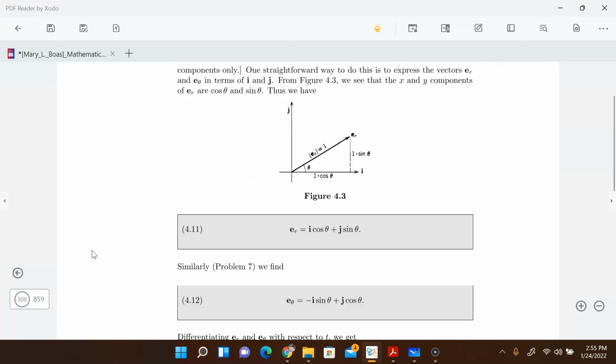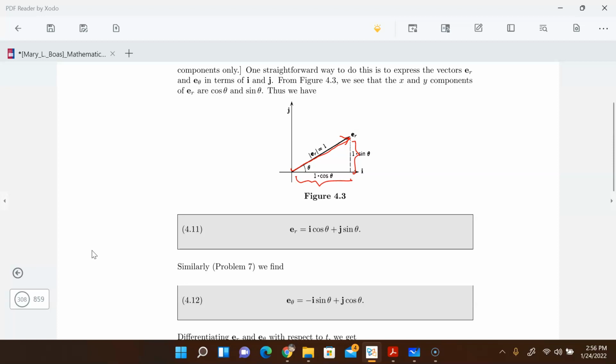Here is another thing that one needs to learn about. We already mentioned just now that you can have unit vectors along your polar coordinates. So here is e_r. If you just look at how this triangle is drawn, this is a unit vector over here, and then you have this vertical component, and here is your horizontal.